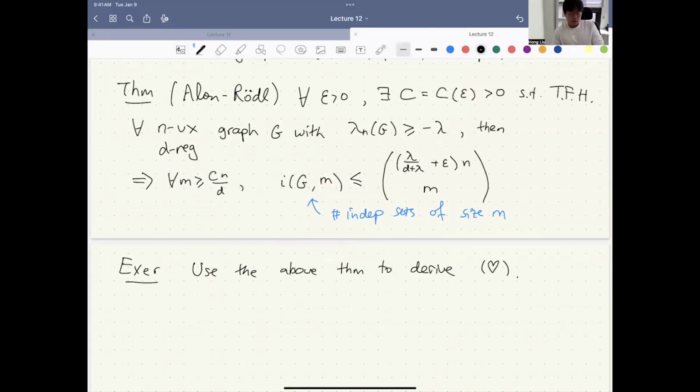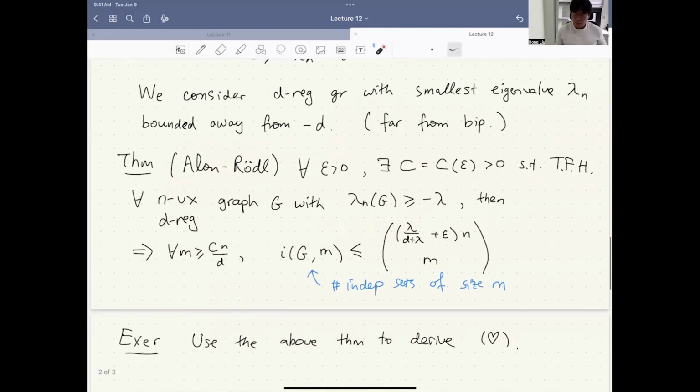But we can do better when the graph is far from bipartite. So when the graph is far from bipartite, λ is strictly smaller than d, let's say 0.99d. Now if you look at this value, then this is strictly less than 1/2. It's like 1/2 minus some small constant delta. So you take epsilon sufficiently small, and this whole coefficient in the front is strictly less than 1/2.